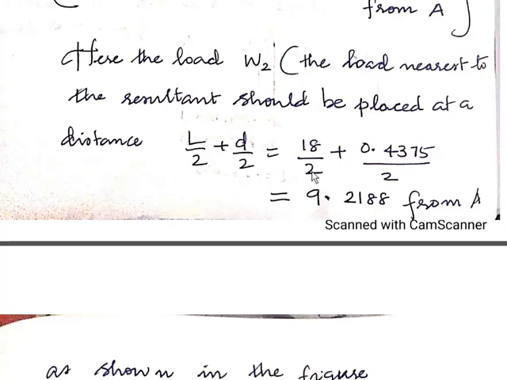So L by 2 plus D by 2 is equal to 9.2188 meter from A. That means this load W2 should be at a distance 9.2188 from A. So the loads should be placed as in the figure.